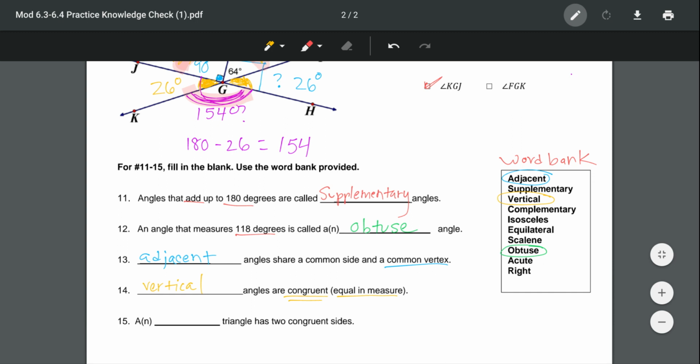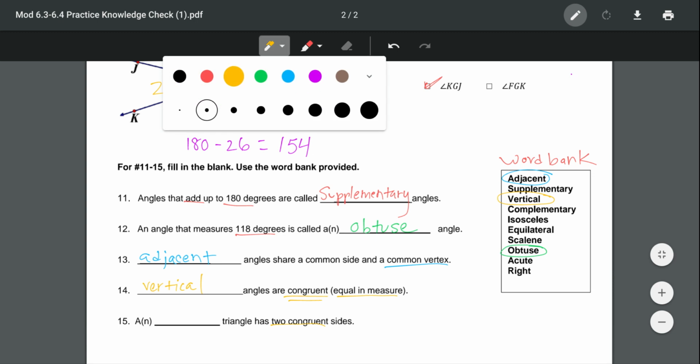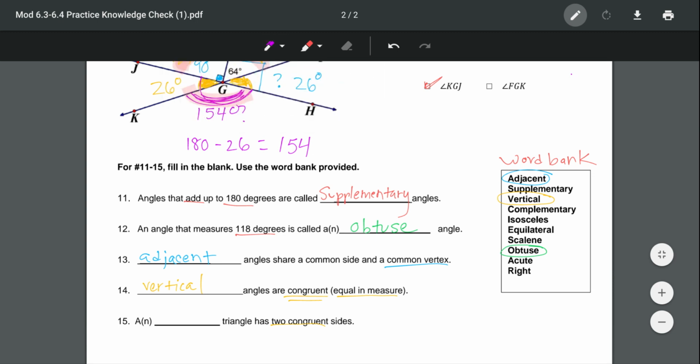And a blank triangle has two congruent sides. Two congruent sides would be an isosceles triangle. Equilateral would be all sides congruent. If there's only two sides that are congruent, the best name for that would be isosceles.